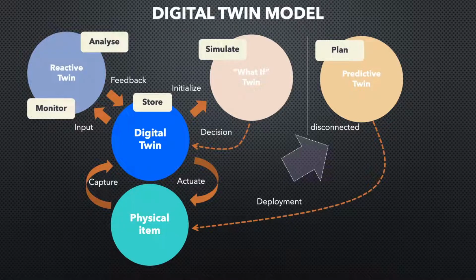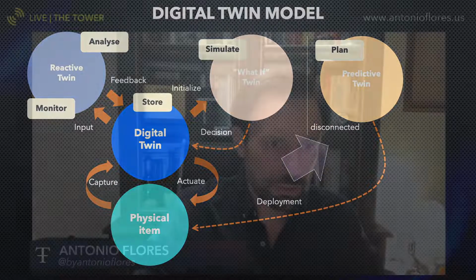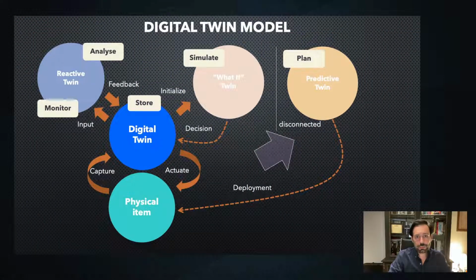But going beyond, and this is a very, very attractive use case of the digital twin, is that you will be able to simulate. How can you simulate using a digital twin?